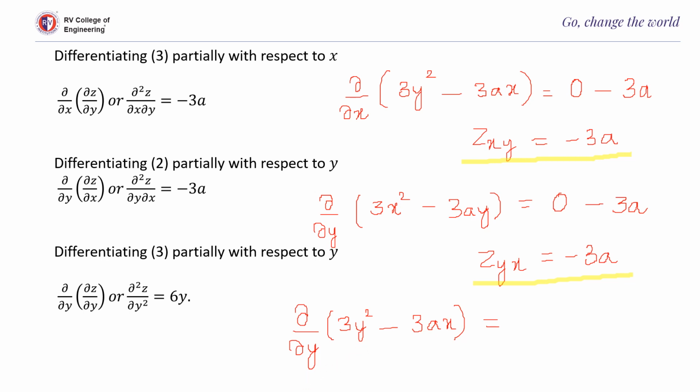When I differentiate this with respect to y, I get the first term as 6y, and the second term has no y term, therefore it is 0. So zyy will be equal to 6y. This is the second order partial derivative of z with respect to y. So all the four second order derivatives are found, among which we have seen that zxy is the same as zyx.